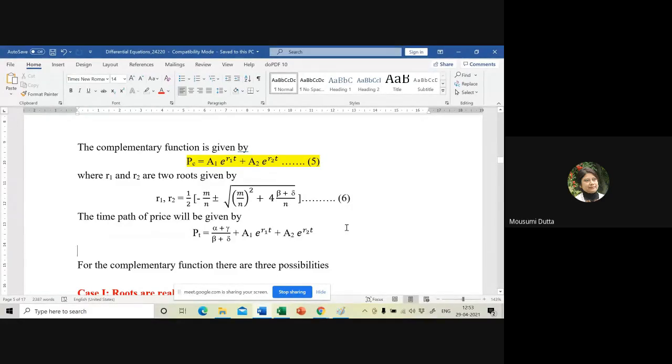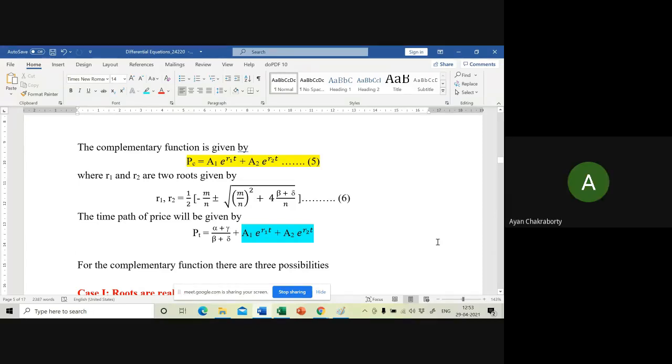Now, for this entire part to move towards 0, what is the requirement regarding the signs of R1 and R2?